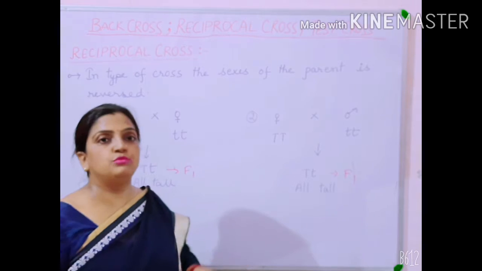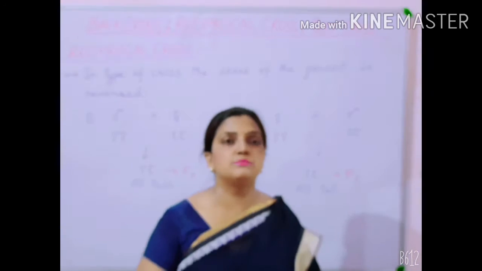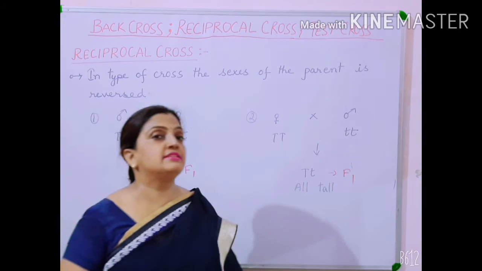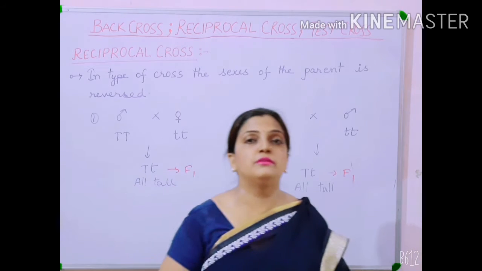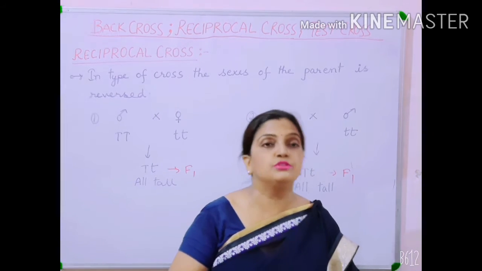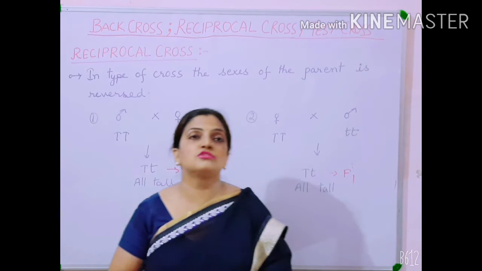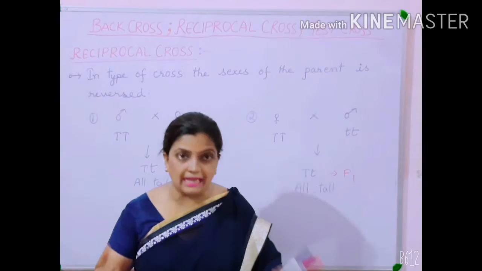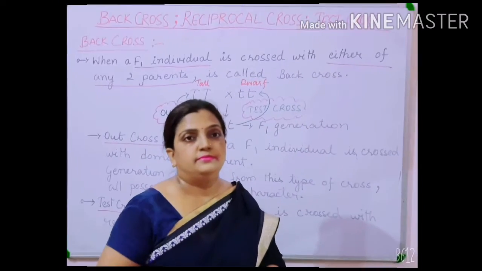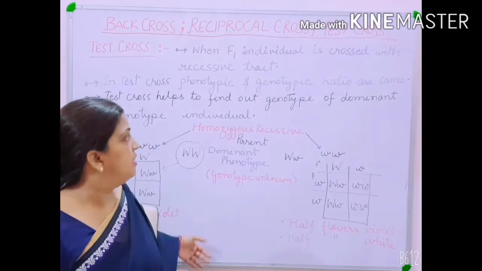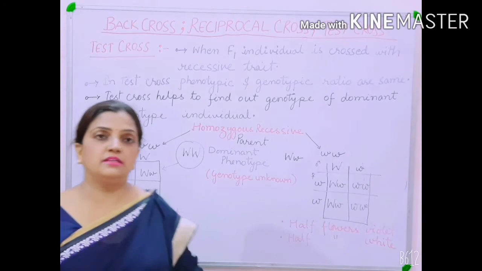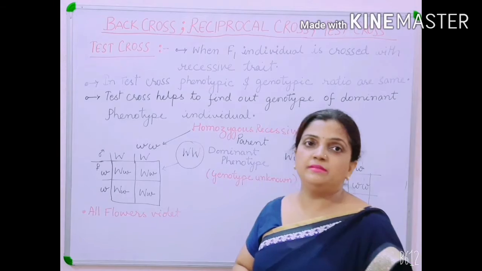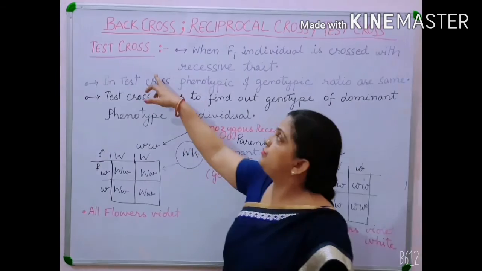And now I will be moving to the most important cross, which is your test cross. I told you that this is very, very important for your competitive point of view, for the board point of view, and for solving many types of genetical calculation questions. Now, this is the third type of cross, which we discussed earlier while explaining back cross.